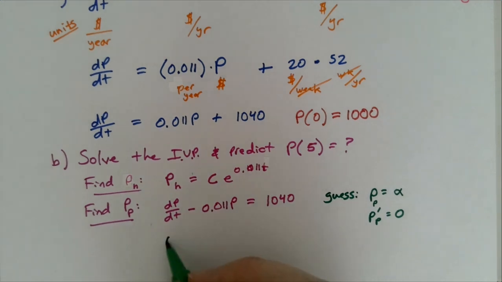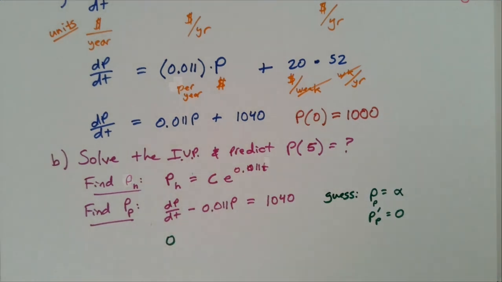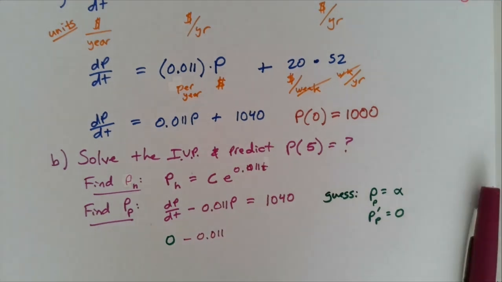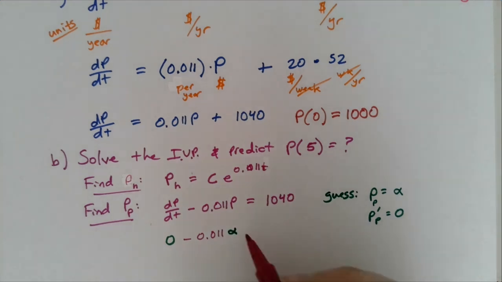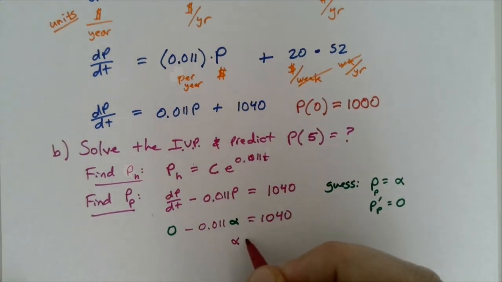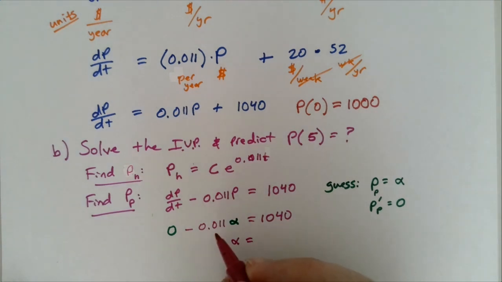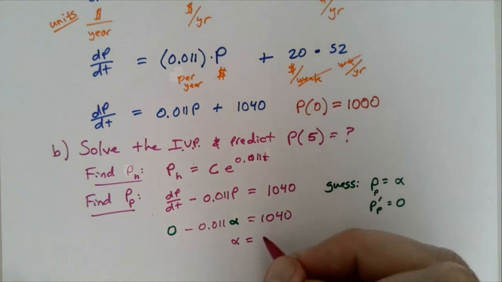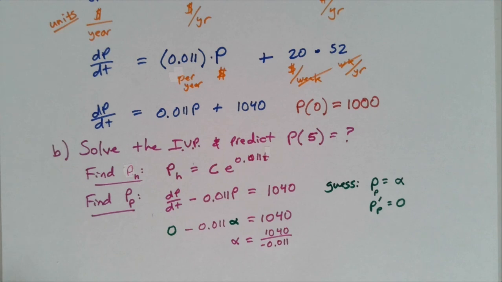That means I have 0 minus 0.011 times alpha equals 1040. Pretty easy to solve. You find out that alpha is equal to whatever 1040 divided by negative 0.011 is. Right? It's just a number.